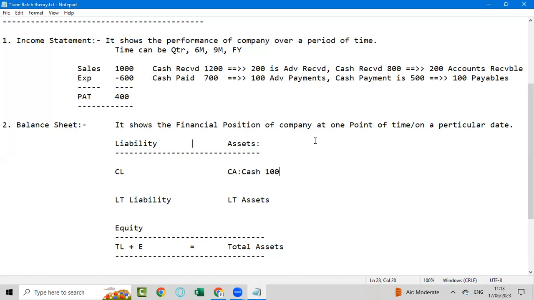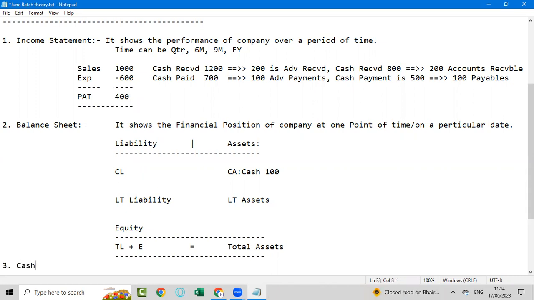But in case of income statement, here 1000 means the total revenue during that period of, let's say, 12 months. From 1st April to 31st March, this much revenue was generated. These many expenses were incurred. This much profit was generated. Is that clear or not? Right?